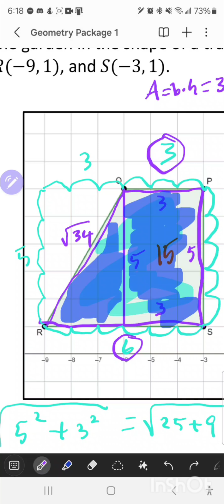If it is a right triangle, which in this case it is, it's a horizontal line and a vertical line.